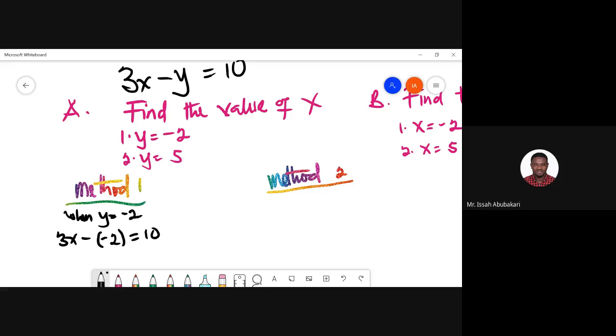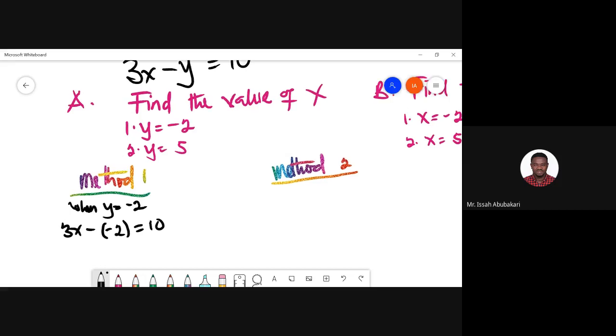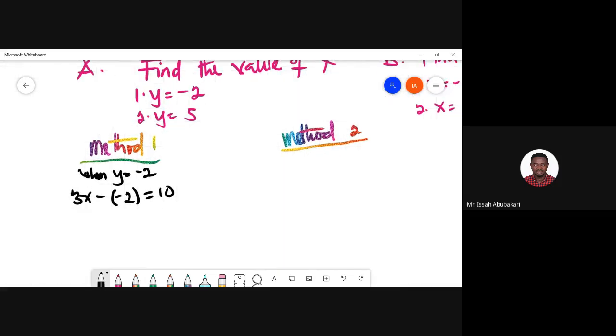Because we have minus y is equal to 10, and giving y to be equal to minus 2, we are going to have it this way. So now let's expand the bracket. 3x minus minus 2 will be what? Plus 2 is equal to 10.